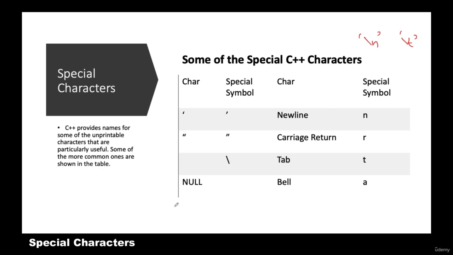Suppose I put slash t between two letters a and b, then whenever that slash t occurs, it will leave a tab space between the two characters. So the output will be like a, some space, b.